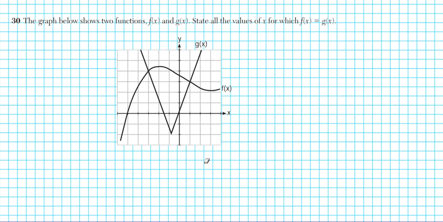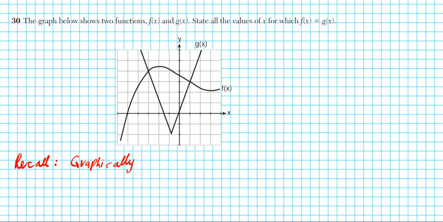So before we solve this problem, there's something I'd like you to recall. Now, when we're talking about two functions being equal, what does that mean using a graphical representation? Let's address that.